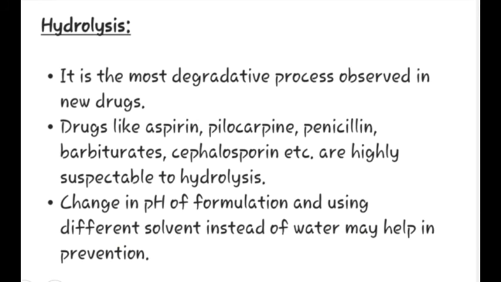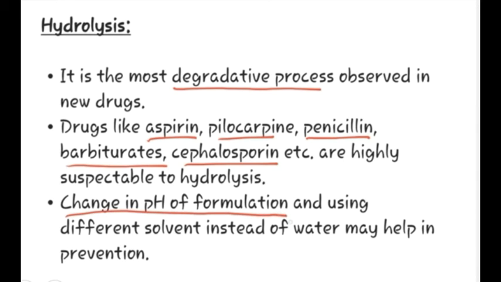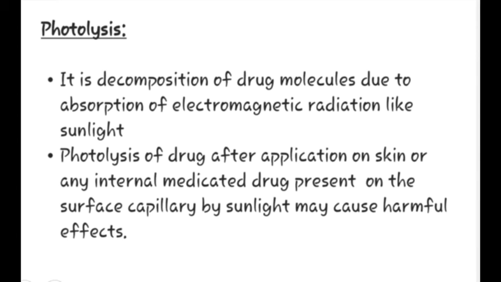Then next, at last, we see the ionization constant pKa. The unionized forms are more lipid soluble and so more rapidly absorbed from the gastrointestinal tract, that means GIT, and the relative concentration of unionized and ionized forms of a weakly acidic or basic drug in a solution at a given pH can be calculated using the Henderson-Hasselbalch equation.